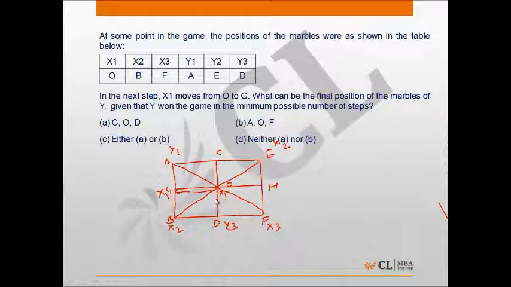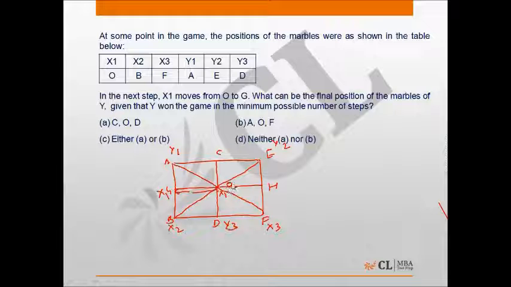As we know, to win the game, a player needs to get all his marbles in a straight line, and in a step, a player can move his marble from a position to an adjacent position.